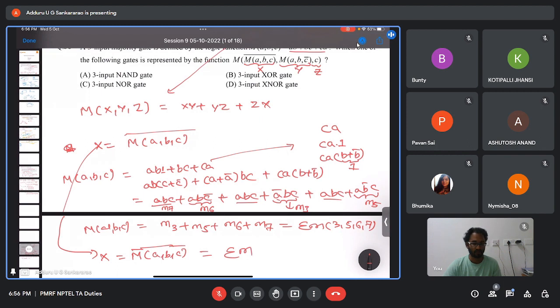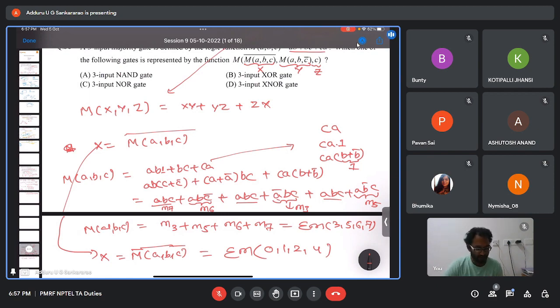Just now we have seen how to find the complement. So this will be sigma M of 0, 1, 2 and 4. This is X, a function of A, B, C.